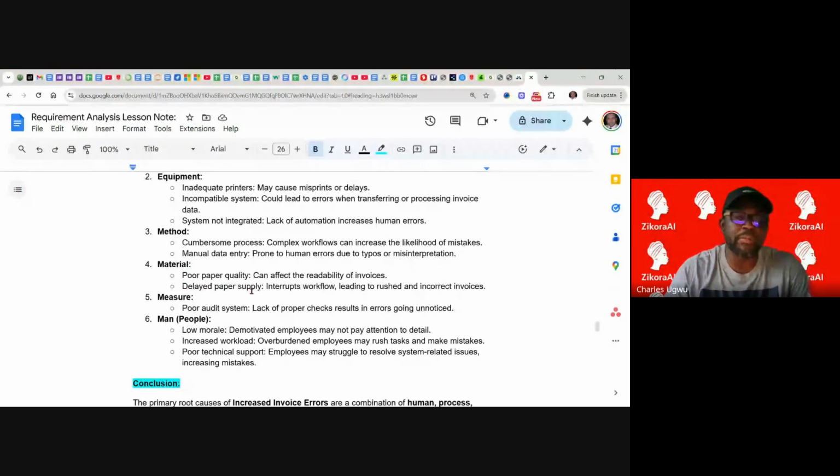Delay in paper supply interrupts workflow, and when the paper supply finally arrives, they start rushing everything, which leads to rushed and incorrect invoices. Measure: poor audit, lack of proper checks, results in nobody checking what is happening. It's only when there is a problem that everybody wants to come and start blaming.